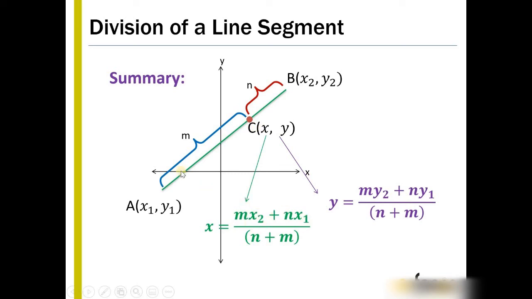It means that we multiply m by x2 and we multiply n by x1. So it's almost like we're multiplying by the opposite coordinate. And in both cases, we divide by the total of the ratio, which is m plus n.